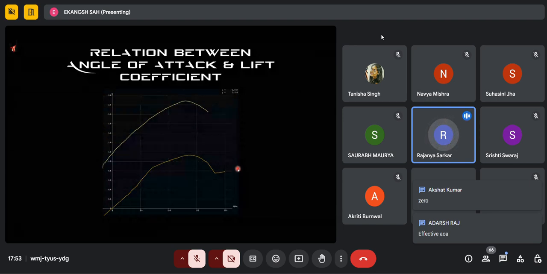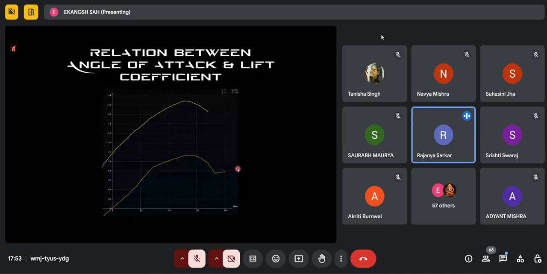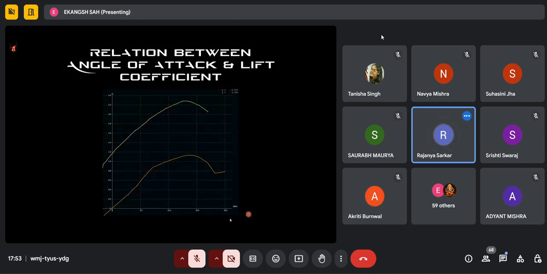Basically, this is the geometric angle of attack. Because we have defined the effective angle of attack in such a way that at zero effective angle of attack, the value of CL will be zero, whether it is a symmetric or unsymmetric airfoil. But we have seen here a positive CL at zero angle of attack. That means it is not the effective angle of attack, right? So this was an interesting concept. Moving onward.